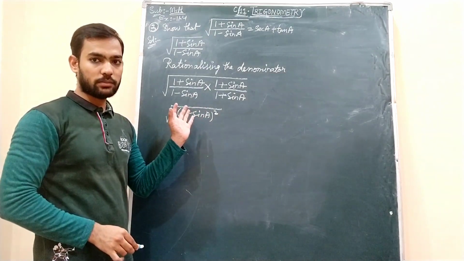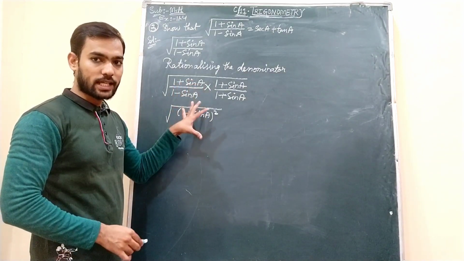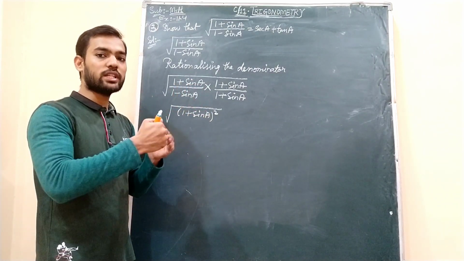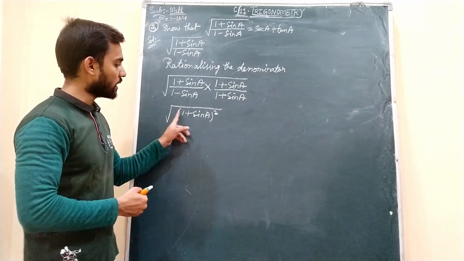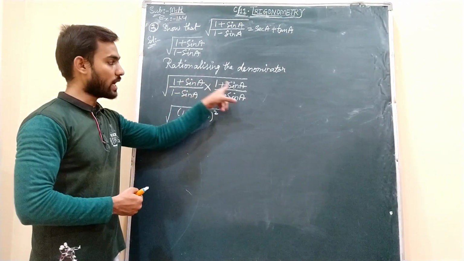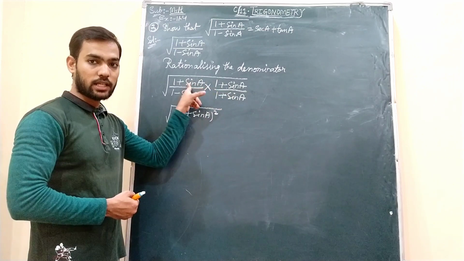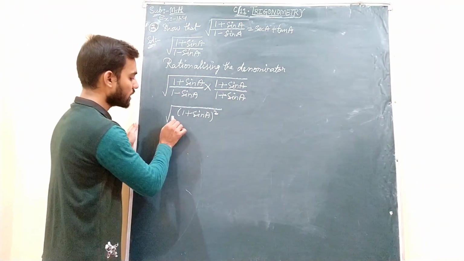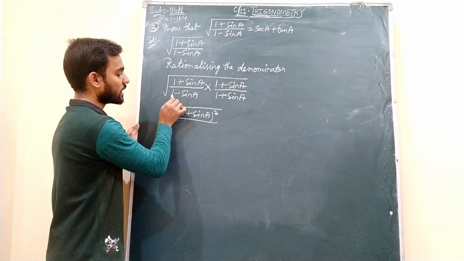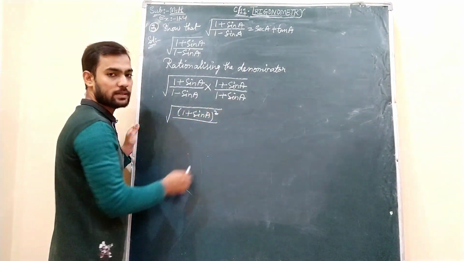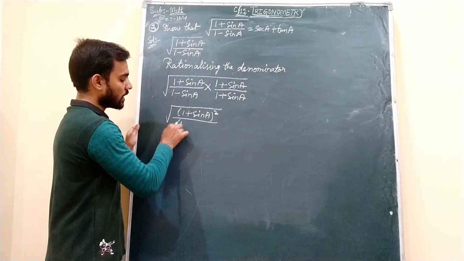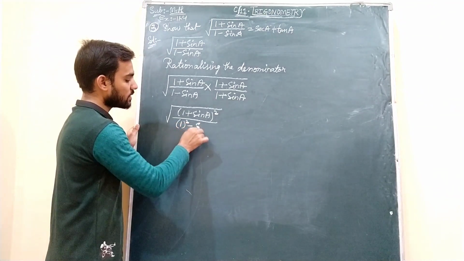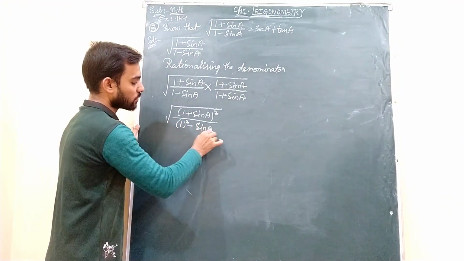Just now we have done question number 2, right? These steps are quite opposite to that one, because there you were having a whole square and you wrote it two times, whereas here you are having 2 times, so you multiply and write it as a whole square. Okay. And in the denominator it is a minus b into a plus b, which will become a square minus b square.